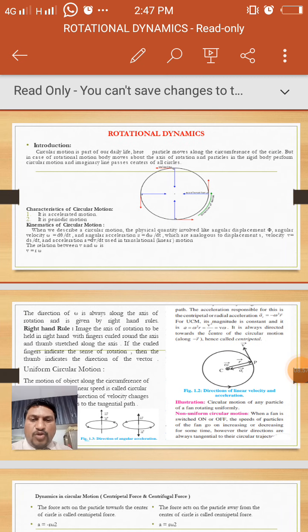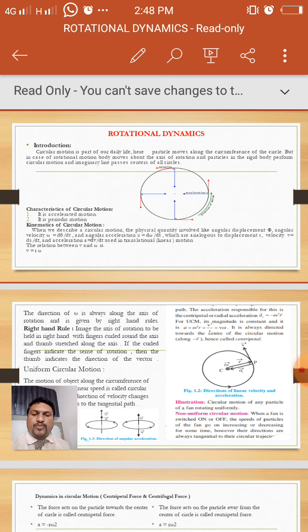Now the direction of omega is always along the axis of rotation, and that is given by the right hand rule. The directions of omega, alpha, and angular displacement are all given by the right hand rule. So let us discuss the right hand rule.